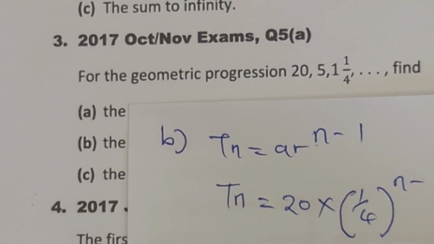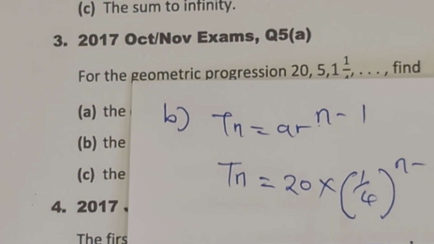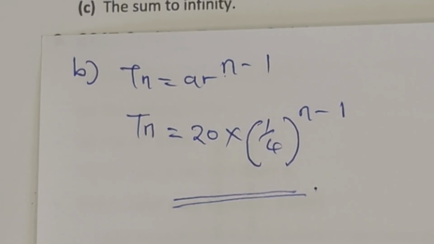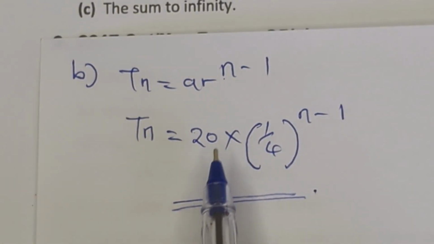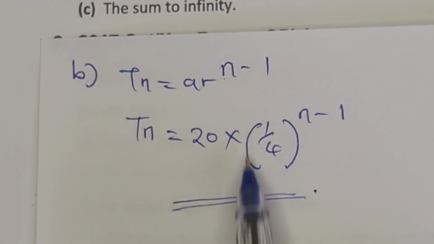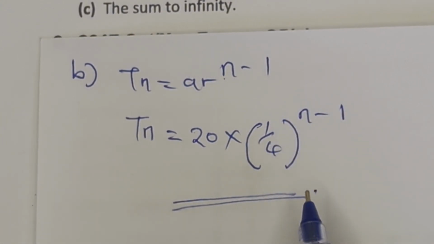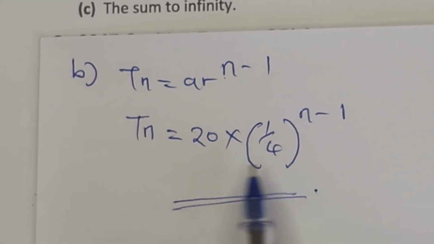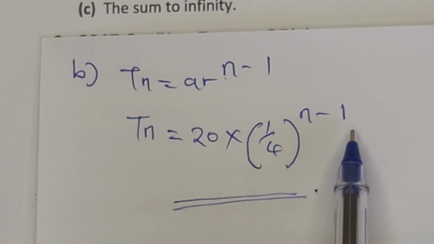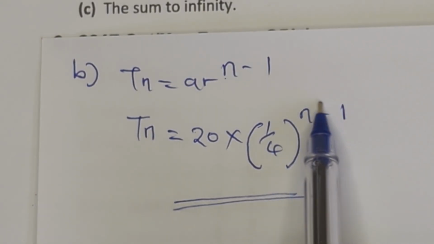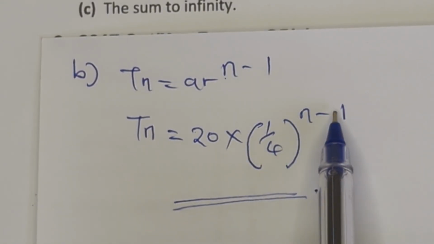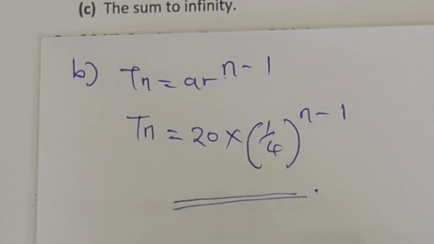This is our nth term. Do not multiply this 20 by this one here, because this one is having this power. You can only multiply this 20 by this when you've solved this fraction to this power.